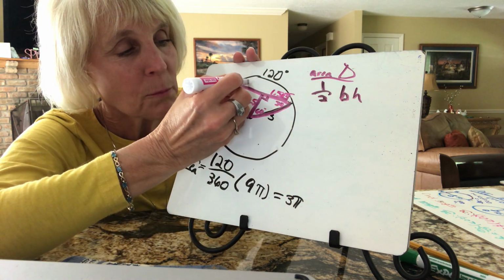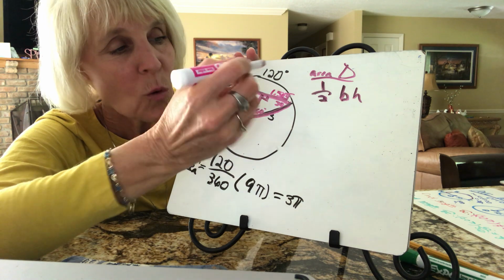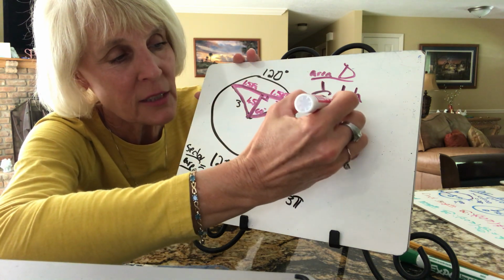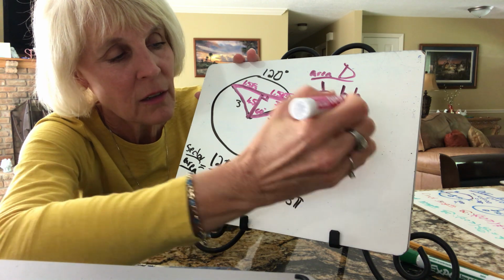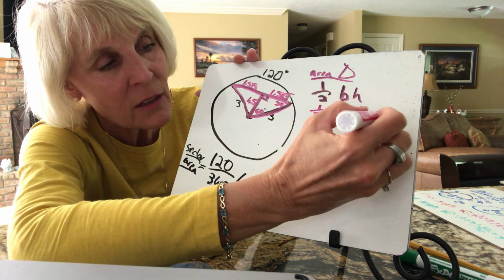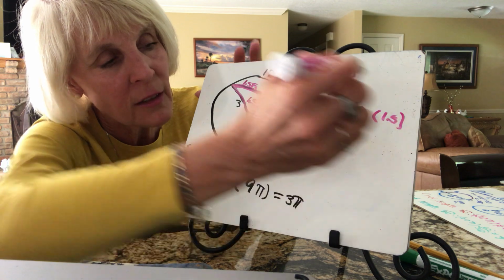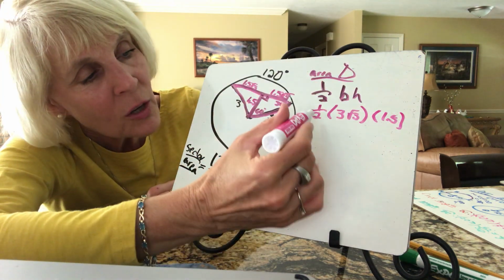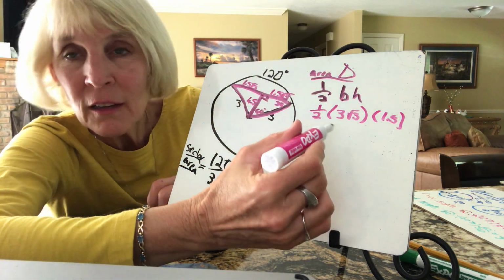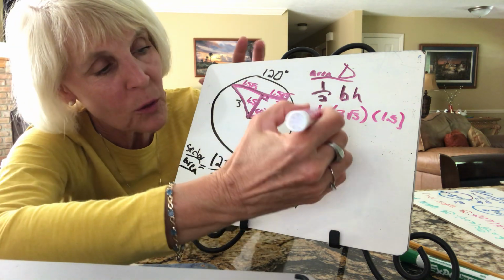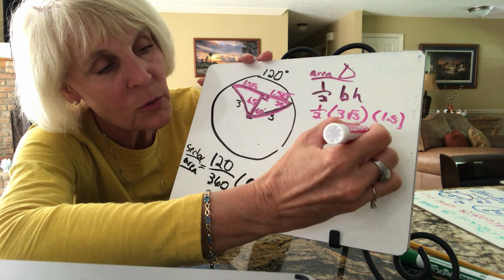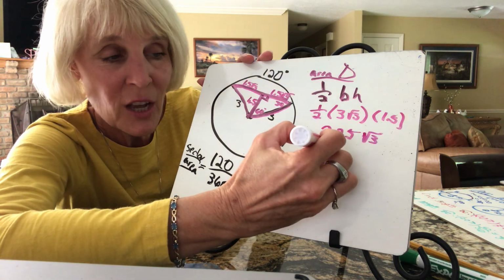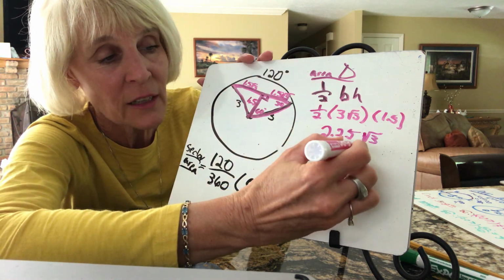Now remember, that was bisected. So what is my base, or my base? 3 square roots of 3. And of course my height is 1.5. Okay, so I'm just going to do half of 3, which is 1.5, times 1.5, so 2.25 square roots of 3. Now that's just the area of the triangle.